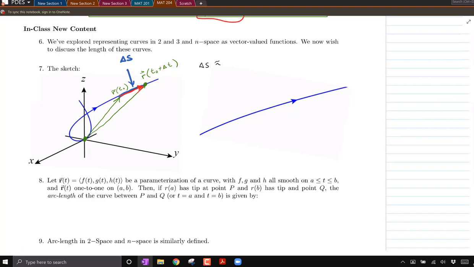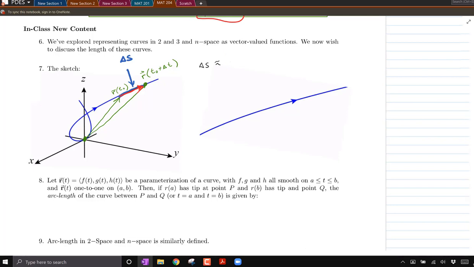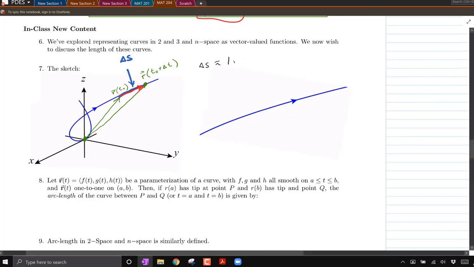But what? Well, I'm saying that delta s is supposed to be a length, and so what do I need to do with that red vector there? I need to take its what? Magnitude. We've got to take its magnitude. Good. So we would take the magnitude of the difference between these two vectors.